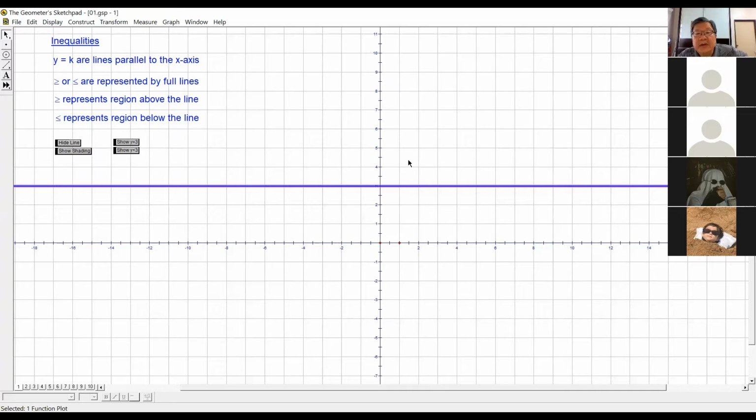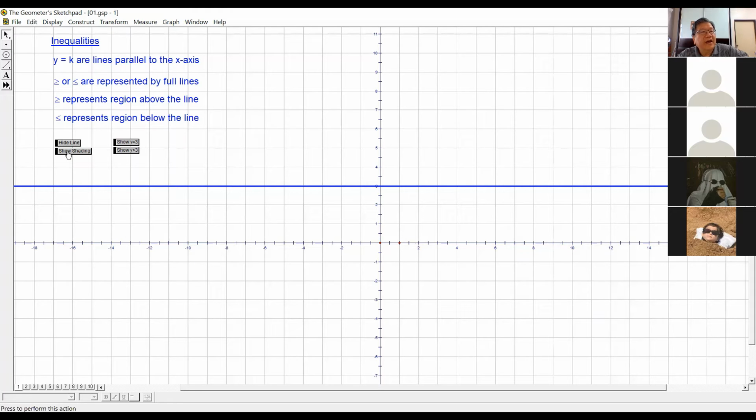What is that number? 3. So this must be y equals 3. You don't say x equals 3; you see the x-axis here, so you say parallel to the x-axis.